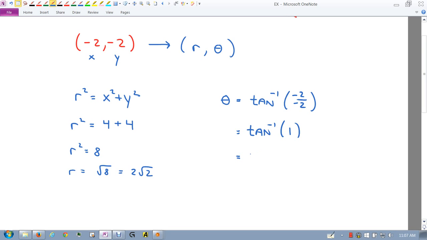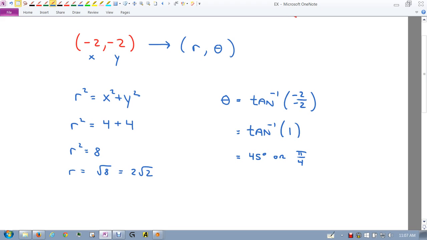What do you get? If you're in radian mode, it might be hard to tell unless your calculator's smart. It's pi over 4. It's 45 degrees or pi over 4. We will use pi over 4 because in polar coordinates, we want to use radians, not degrees.